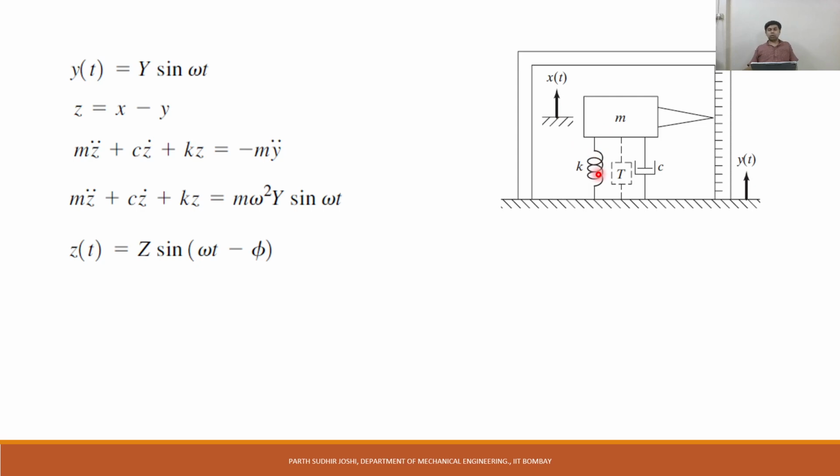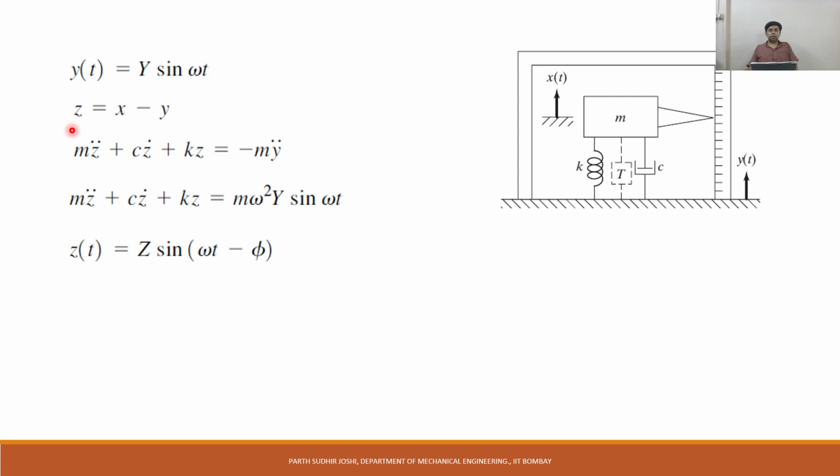It is attached to the vibrating structure through a spring of stiffness k and also through a damper with damping constant c. T here represents the transducer. Let us say the displacement of the vibrating structure y of t is given by Y sine omega t.